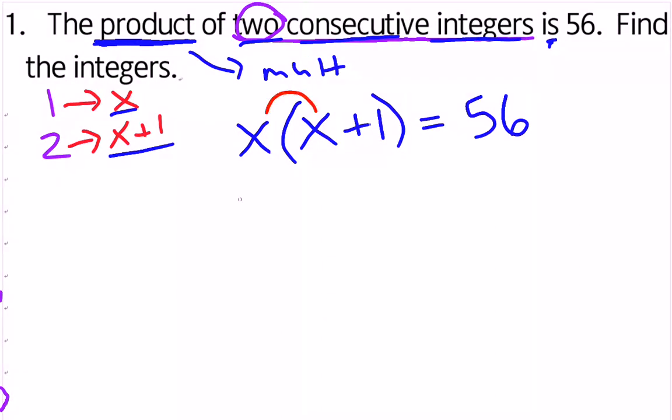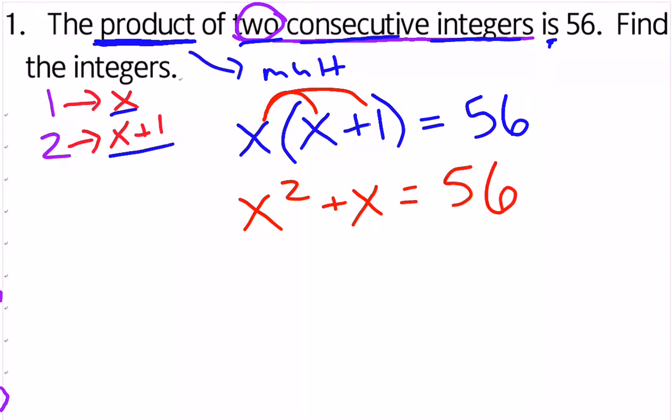And now I need to just go ahead and do what I can, solve by factoring. Multiply, x times x is x squared. X times 1 is 1x, or just x, equals 56. Is it set equal to 0? No, so I need to subtract that over and get x squared plus x minus 56 equals 0. Now I need to factor. Do I have a GCF? No. How many terms do I have? 3.